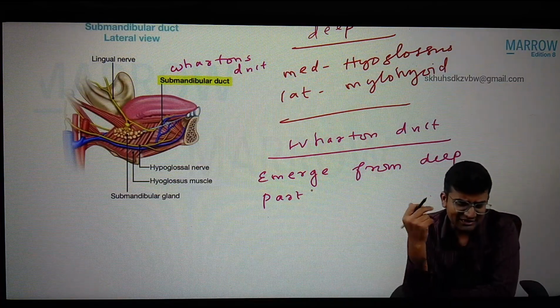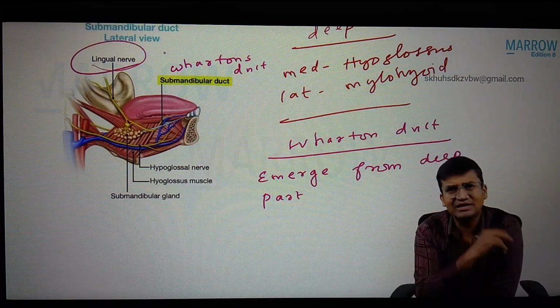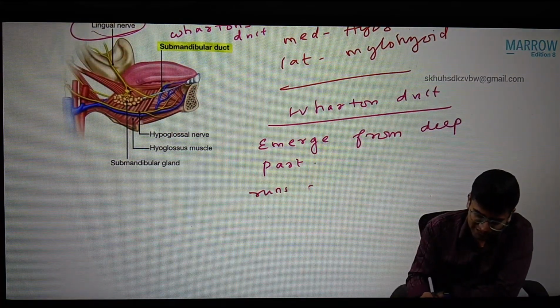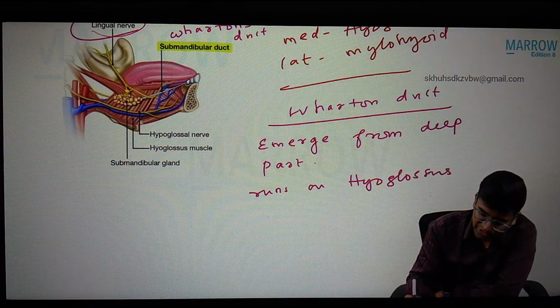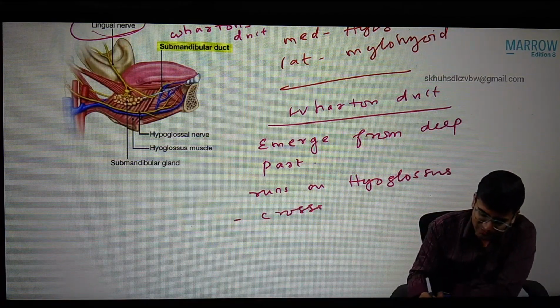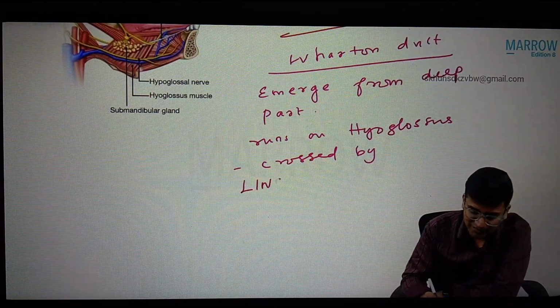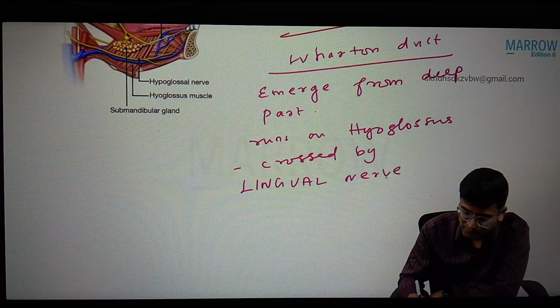The submandibular duct is crossed by one nerve. Which nerve? Lingual nerve. So the submandibular duct, which runs on the hyoglossus muscle, is crossed by the lingual nerve.